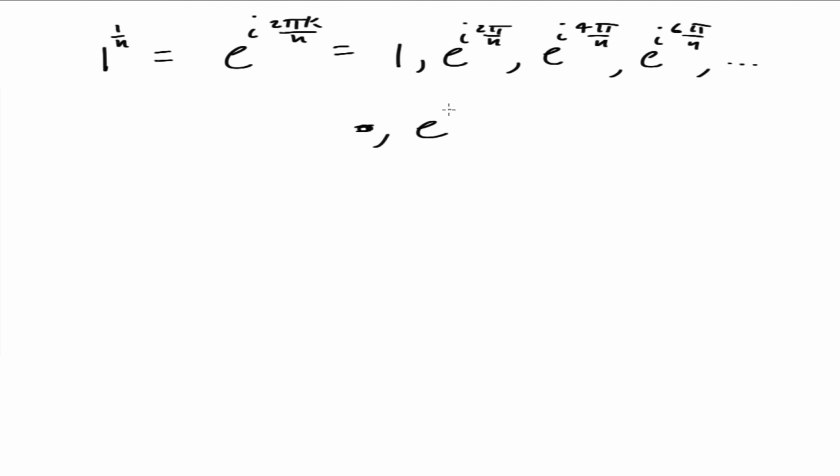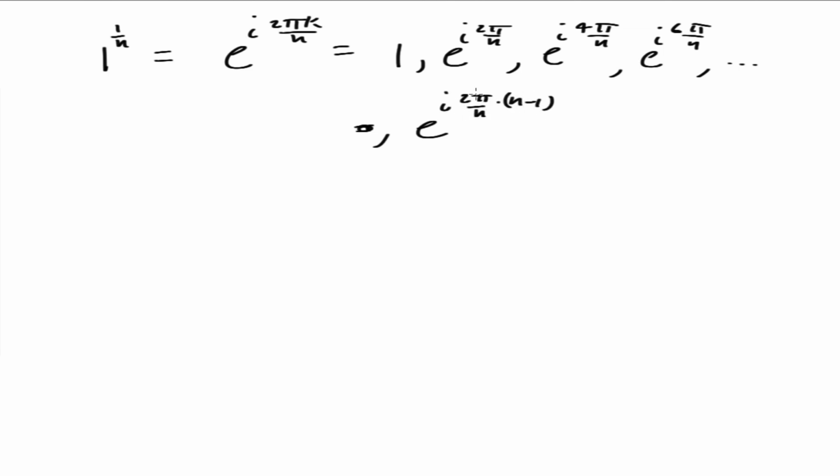That's equal to 1, and also e to the i 2 pi over n, then e to the i 4 pi over n, e to the i 6 pi over n, and so on, all the way to e to the i 2 pi over n times n minus 1.